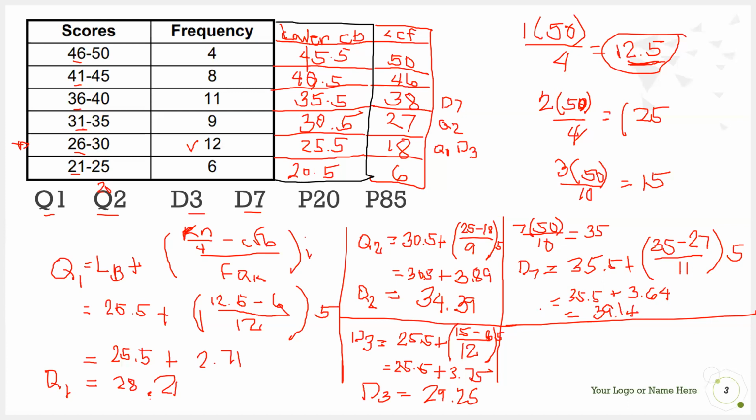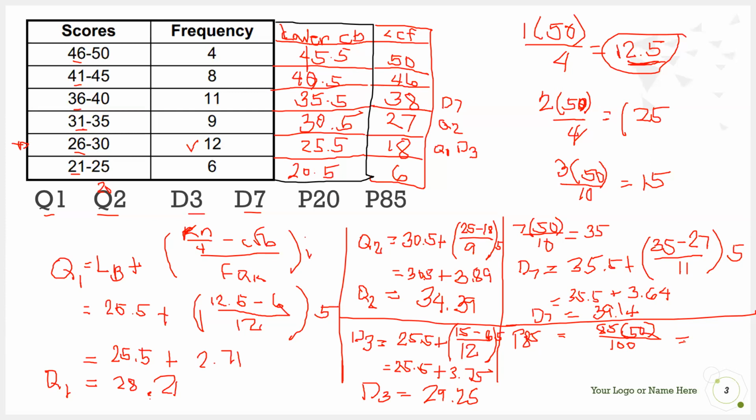Okay. Last one for this one. Mag P85 tayo. So ibig sabihin ng P85, that is 85 times 50. Tama. Over, since this is P, so it's over 100. 85 times 50, that's 4,250 divided by 100.